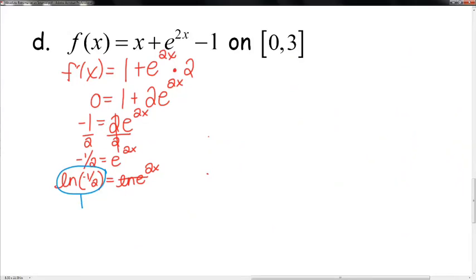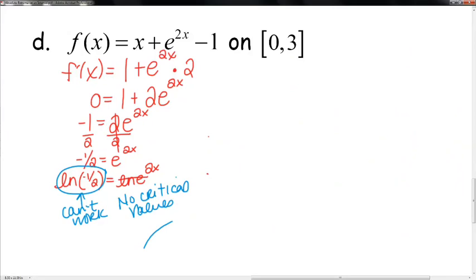Anyways, what's in blue, that's a domain issue, so that can't work. So what that tells me is there are no critical values between 0 and 3. So we have no critical values, meaning there's no maximum or minimum.